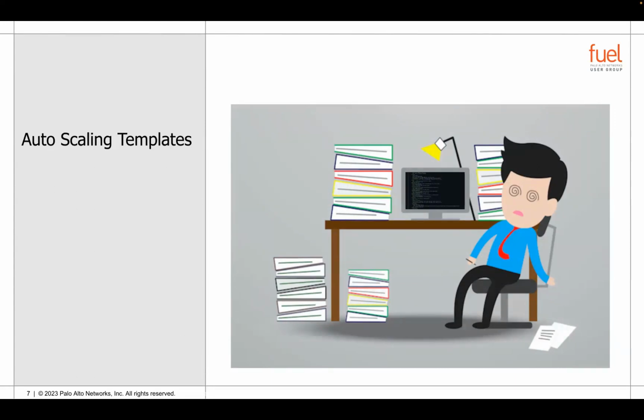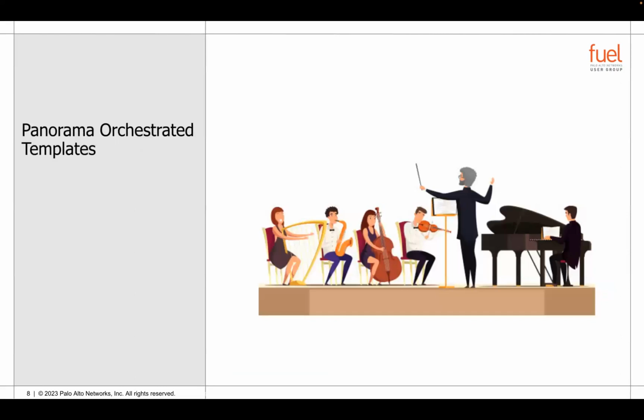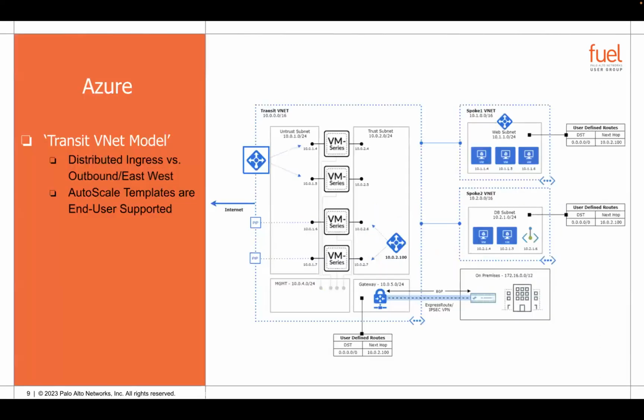So that's what we've tried to address recently with a feature we call Panorama orchestrated templates. We've tried to take those templates that have been community and end user supported, pull those into Panorama and extend Panorama's plugin infrastructure, and create the cloud components necessary to build the automation and the metrics collection for you, all directly within Panorama from a plugin.